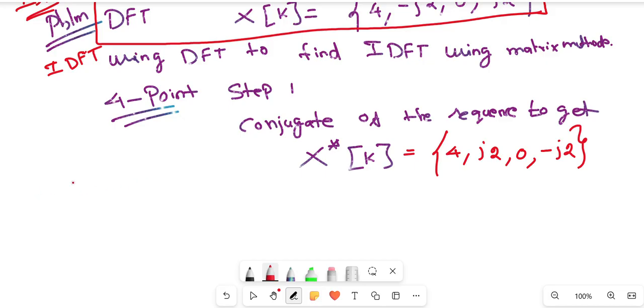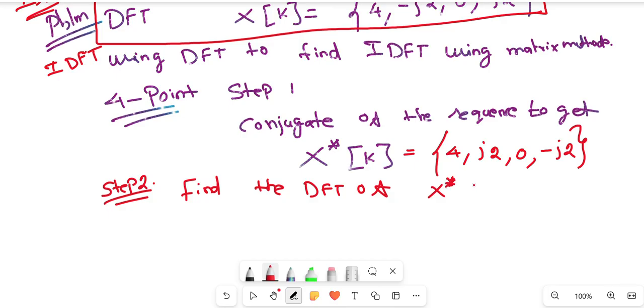Now step 2: find the DFT of the complex conjugate of X of k using the 4 by 4 DFT matrix.